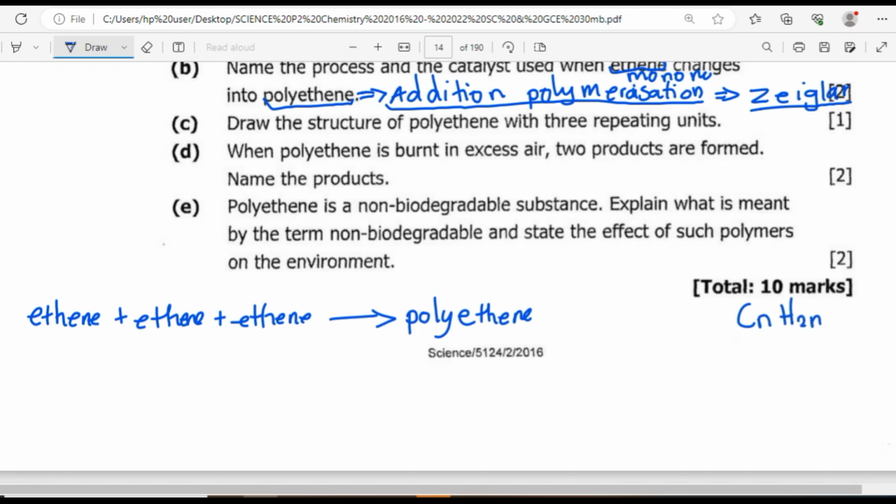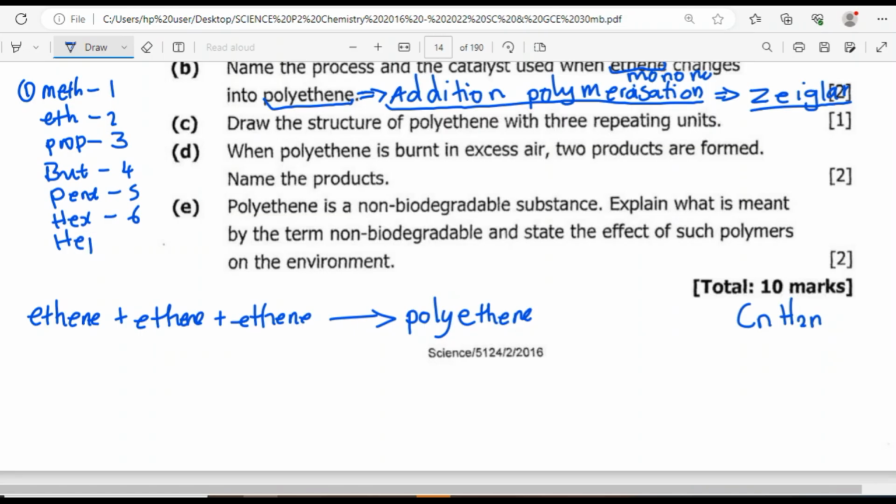And if you look at the prefixes, we know that the first one, meth, has 1 carbon, eth, 2 carbons, prop, 3 carbons, but, 4 carbons, pent, 5 carbons, hex, 6 carbons, hept, 7 carbons, oct, 8 carbons, non, 9, dec, 10.